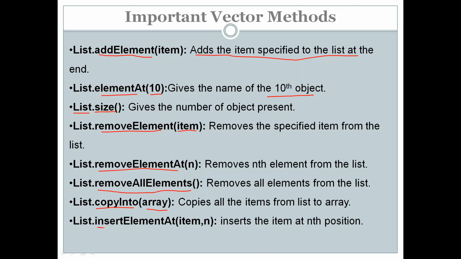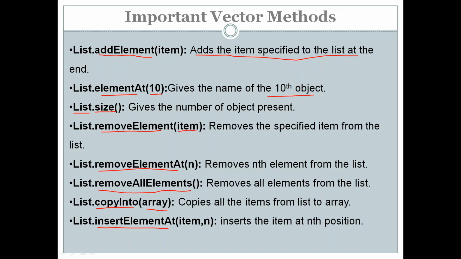Then we have a method insertElementAt. Now we already had a method, that is addElement. We have one more, that is insertElementAt. The difference is addElement simply adds an element at the end, whereas insertElementAt can be used to add an element at any position in the vector.